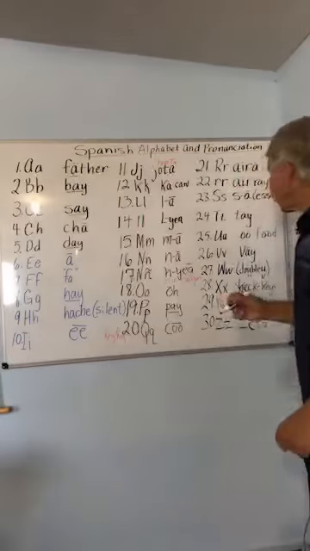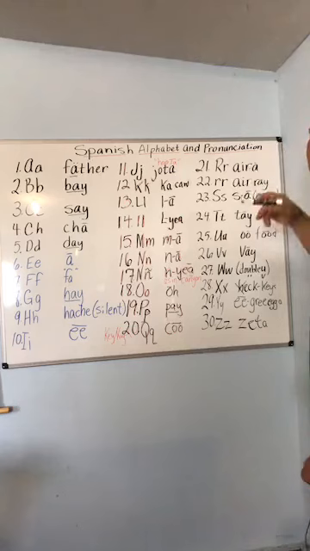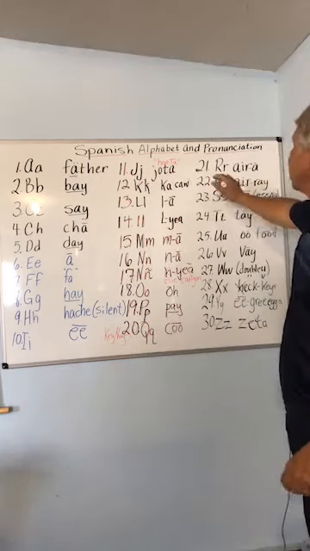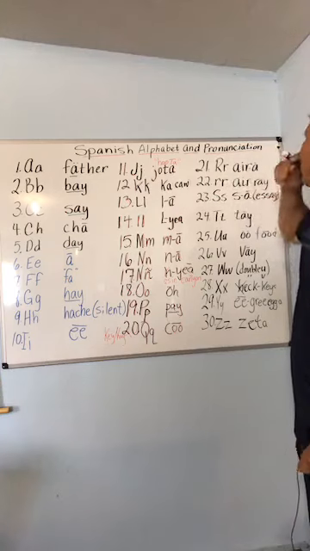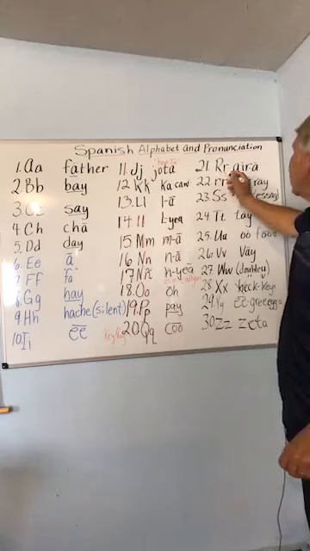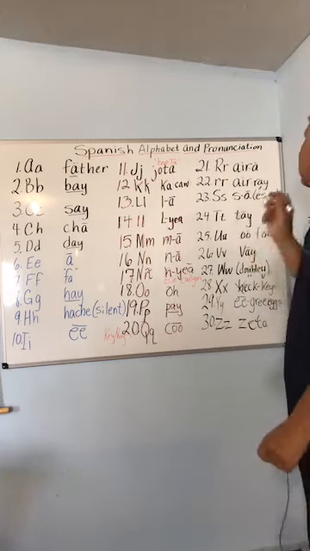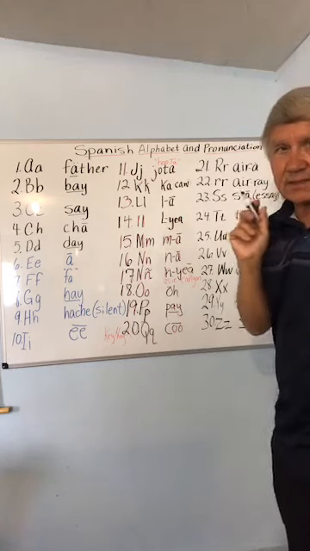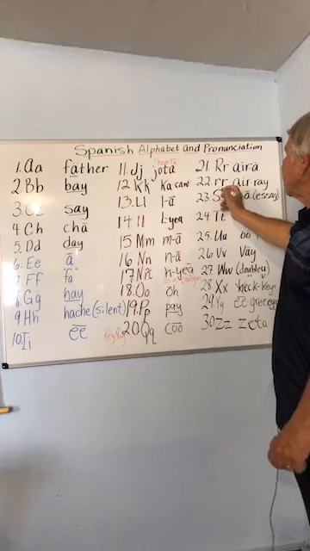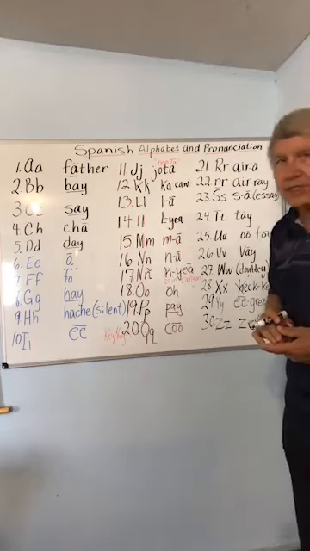I don't know if we can see over here now. Let's go to this. 20. This is 20. And that's how you say 20. 21. This is 21, and you have the R. In Spanish, it's ere. Ere is the way you say the R. Okay, and then the one that people worry about because you're learning Spanish.